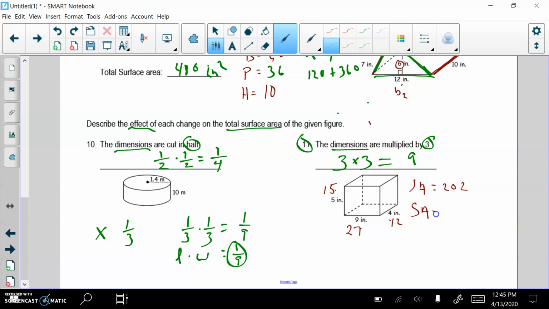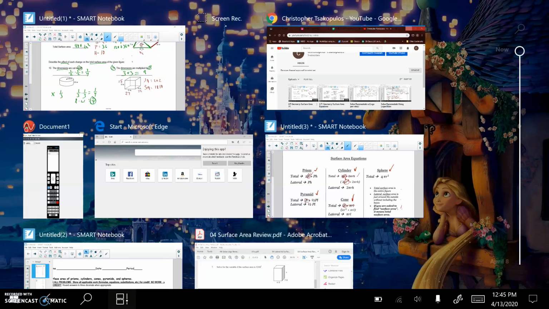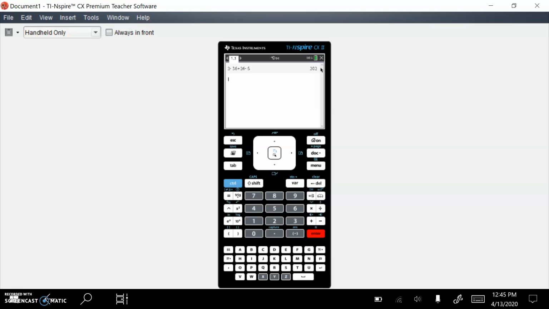a surface area that is 1,818. Okay? 2 big B. I'm going to see if I can pull up my calculator. Let's see. So 2 times my big B is 27 times 12.